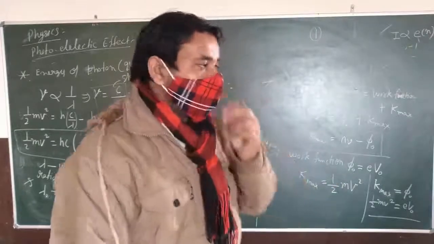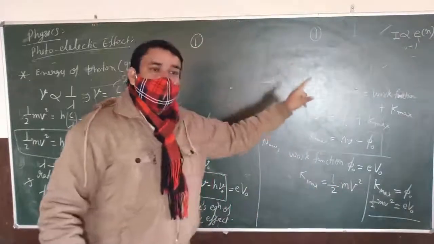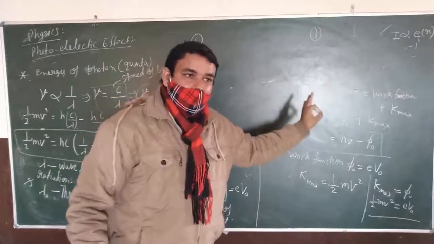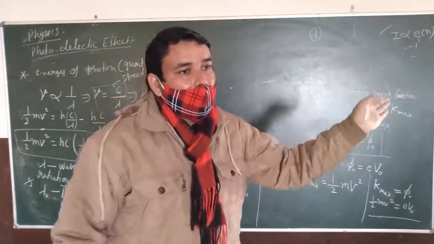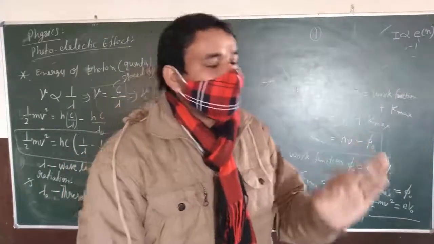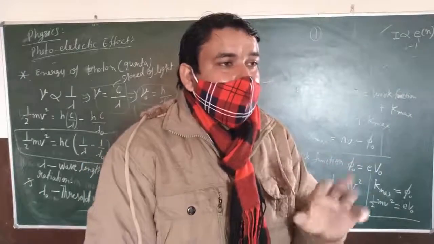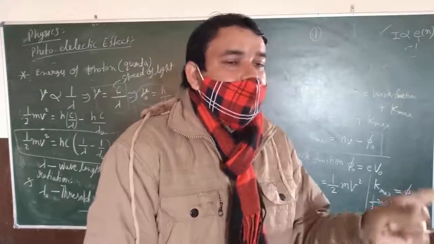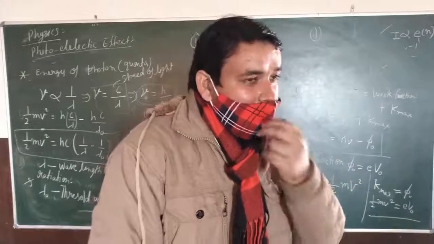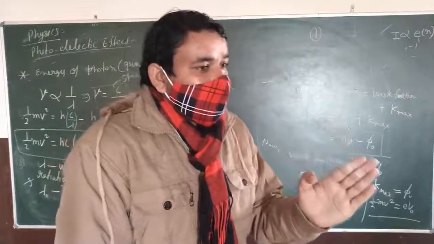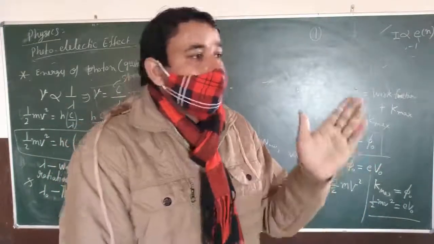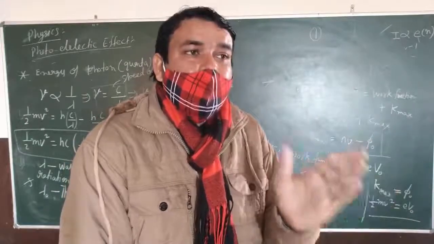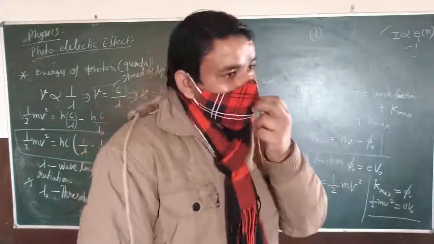According to him, if light of suitable frequency falls on the surface, the electron will emit, which is the explanation of the first law. That is, the number of electrons emitted per second is directly proportional to the intensity of light. This is the first law.